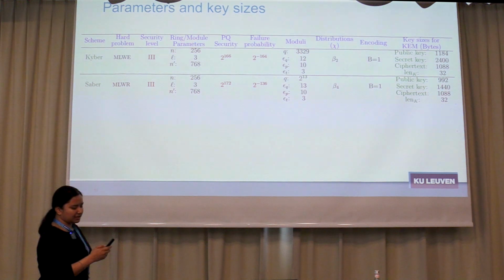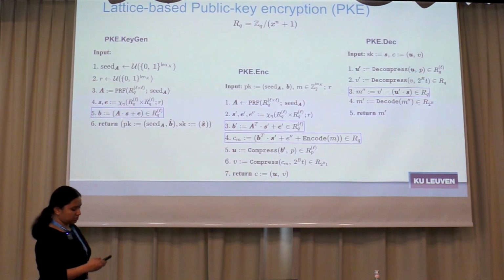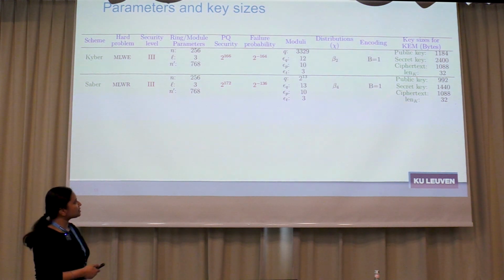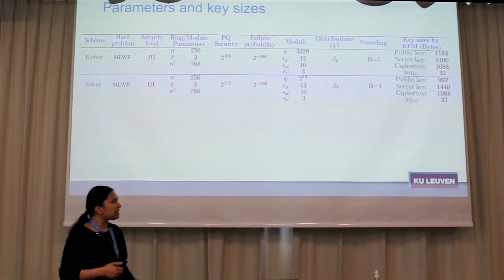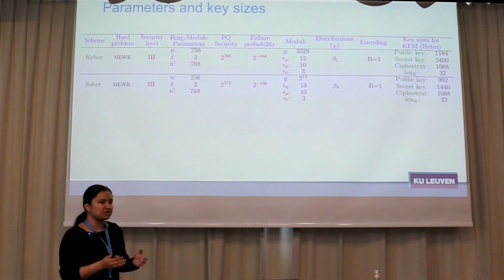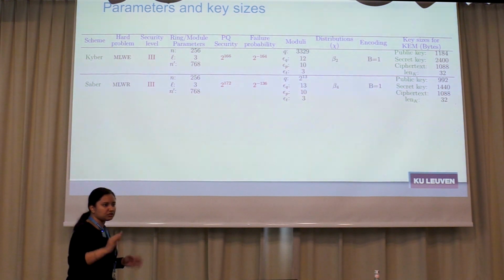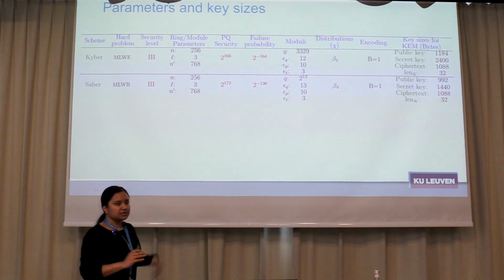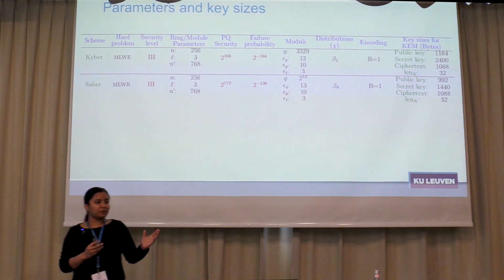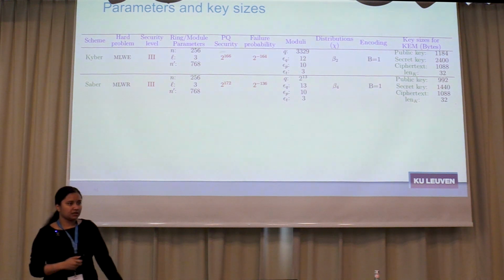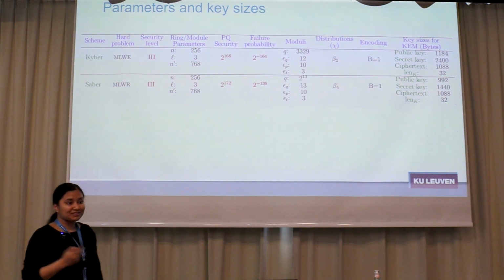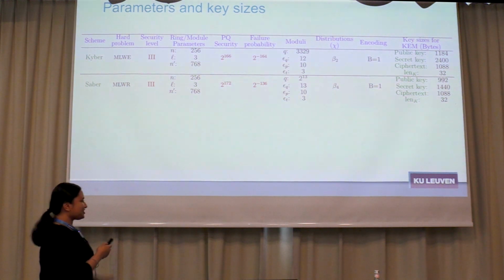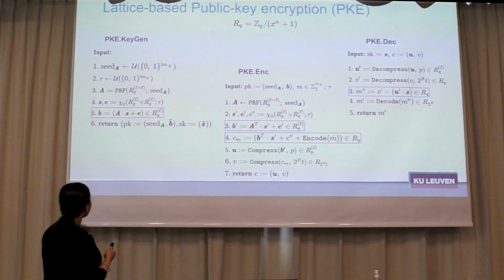And you can see that key sizes are pretty much similar. For Saber, you can store the secret key in a smaller size because you are not in the NTT domain and all those stuff. But from the overview perspective, it looks pretty similar. But we'll show differences later. It's just, you know, a disclaimer.